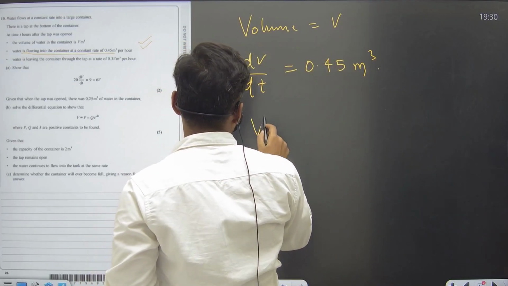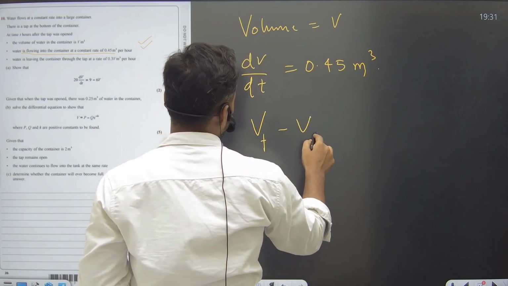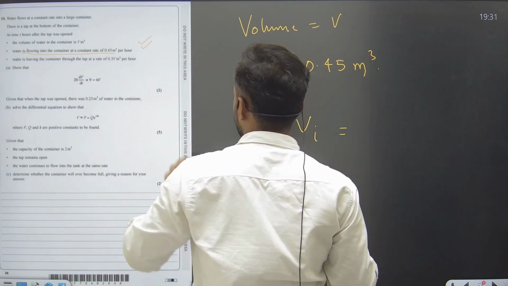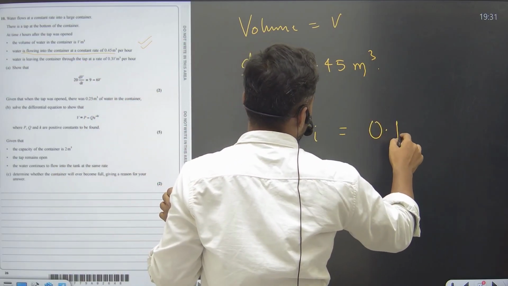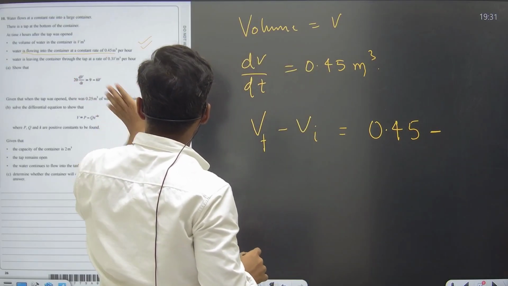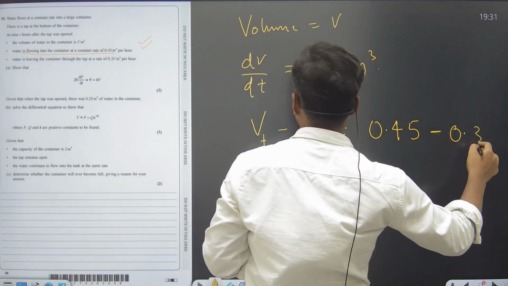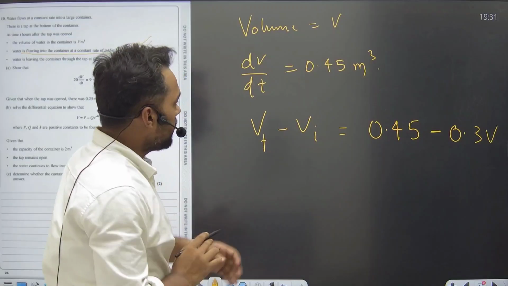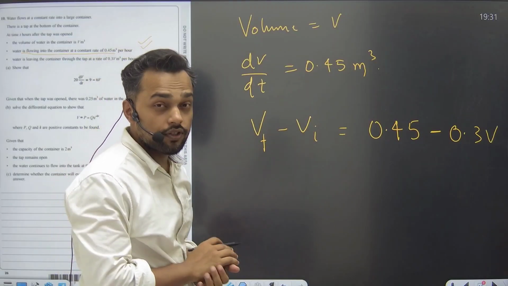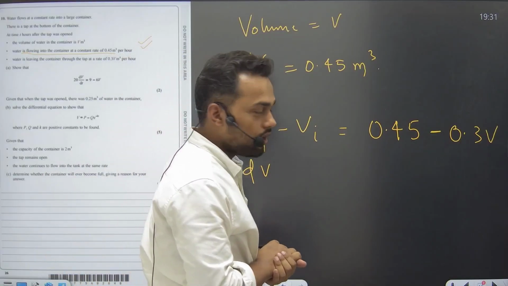Now the volume V final minus V initial can be written as the rate at which water is entering the container, negative of the rate at which water is leaving the container, so it will be 0.3V. The final volume minus the initial volume can be written as dV or delta V, whatever you want.